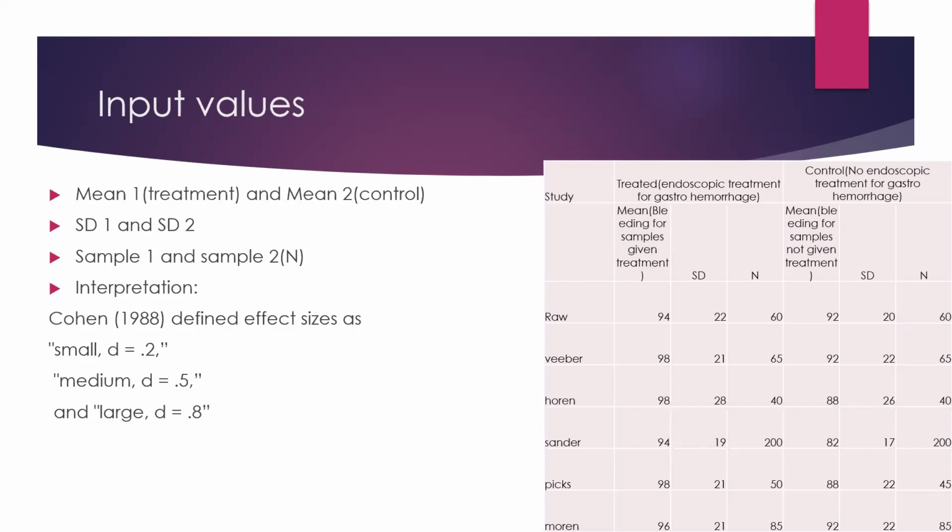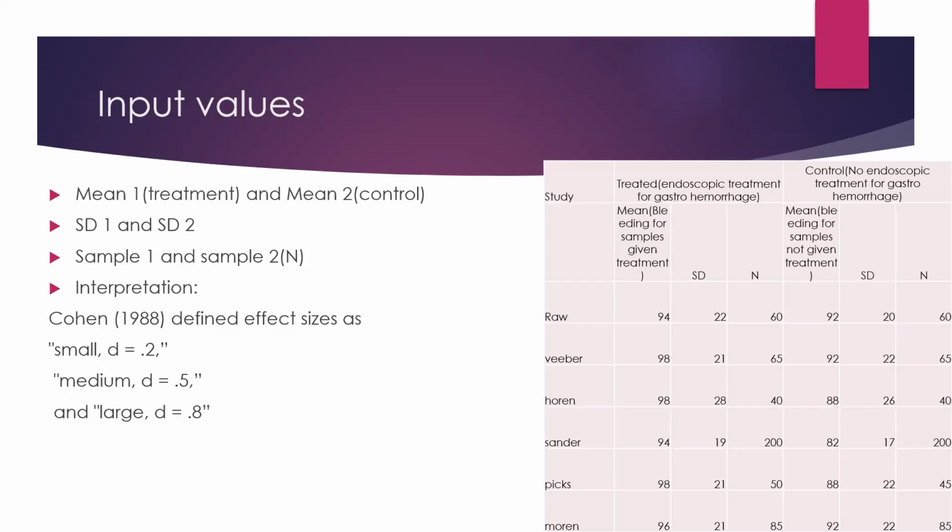Okay, so say there were, I'm just assuming, 120 people in paper number 1. I'm not going to take up those people. I'm saying in the study of Raw, 100 people were there who had gastrohemorrhage.